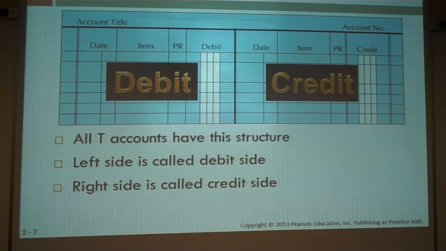So if you know this one, if we had another account involved in that transaction, and cash is the debit, what does the other account have to be? A credit. In double entry accounting, we have to have at least 2 accounts involved in a transaction, and we have to have a debit, and we have to have a credit.